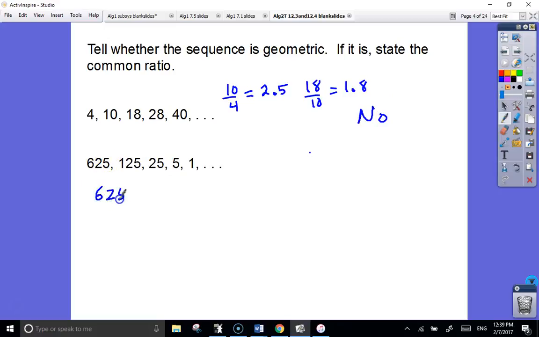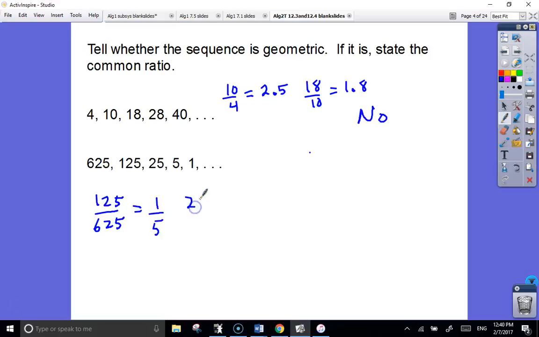Okay, how about this one? 625 divided by 125. Oh, that's reversed. Make that bigger. 125 divided by 625 is 1/5. Right.